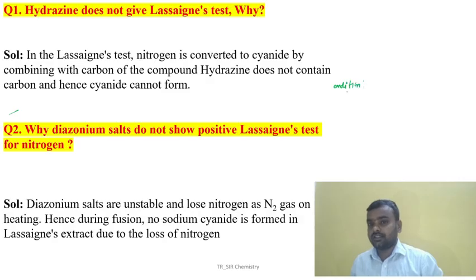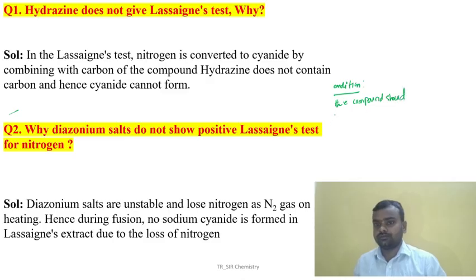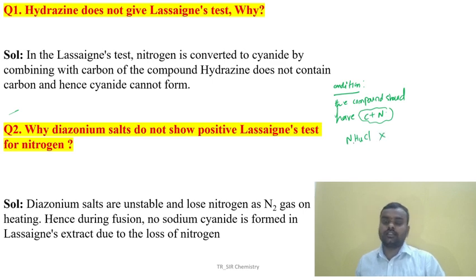Condition for Lassaigne test: the compound should have carbon plus nitrogen. Then only it will exhibit the Lassaigne test. Suppose let us take NH4Cl here. This will not show the Lassaigne test because carbon is not available.